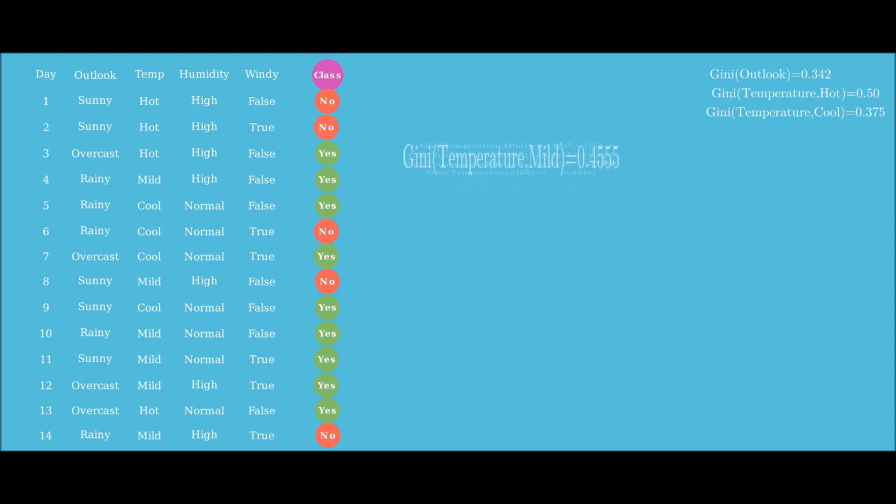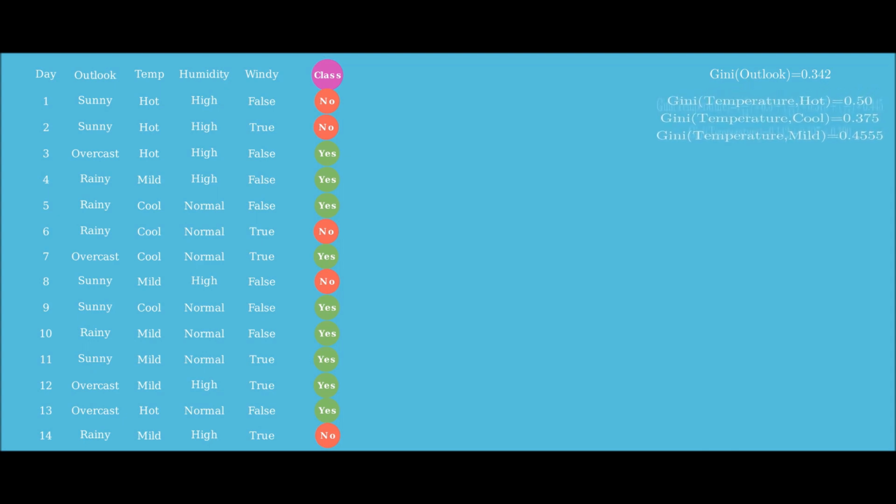Now all Gini indices are calculated for temperature values. Now you take the weighted average, and that would be equal to 0.439.